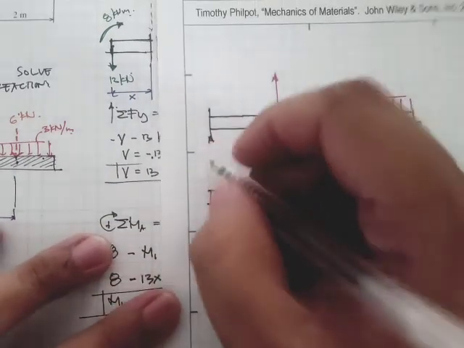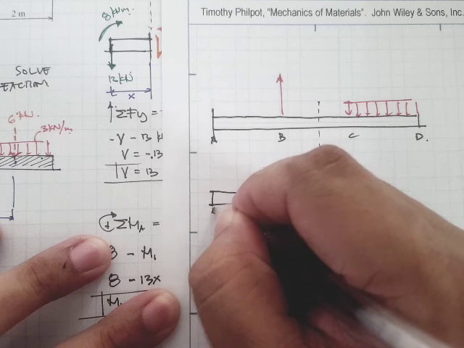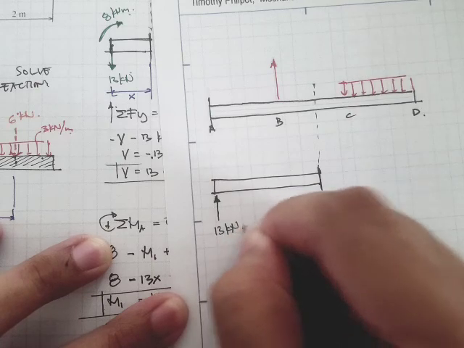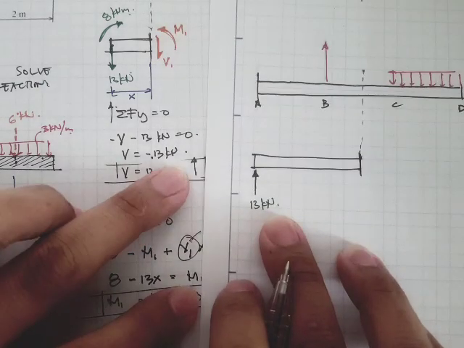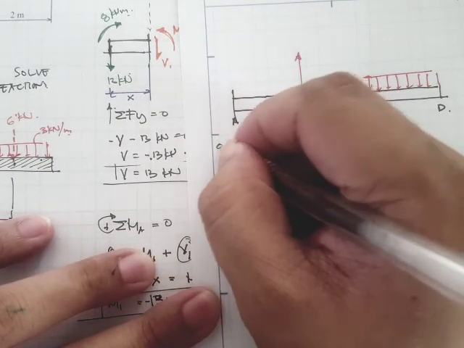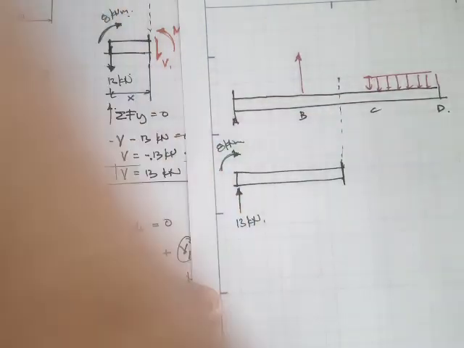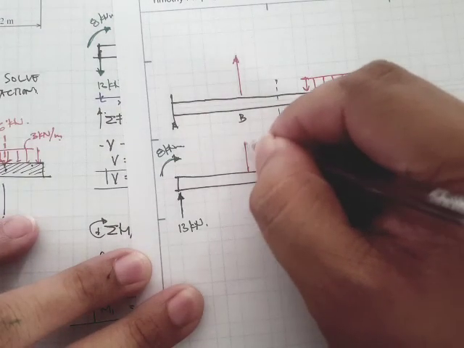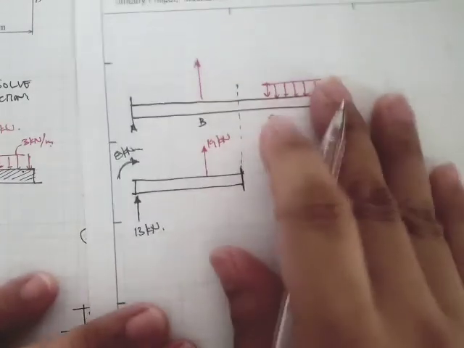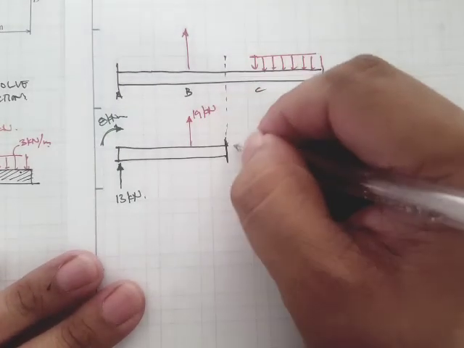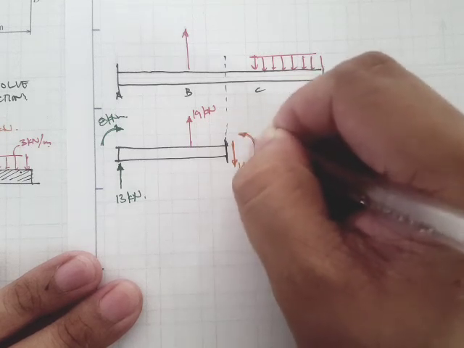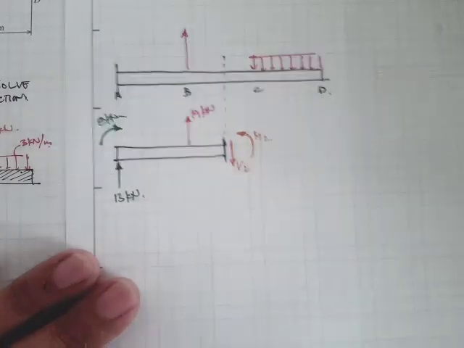Right here I'll write the correct shear value. So this is 13 kilonewtons in upward direction, and we have a moment that's like this, 8 kilonewton meters. And right here we have an external force of 19 kilonewtons. In this section we'll have a shear force, let's say V sub 2, and an internal moment, M sub 2.